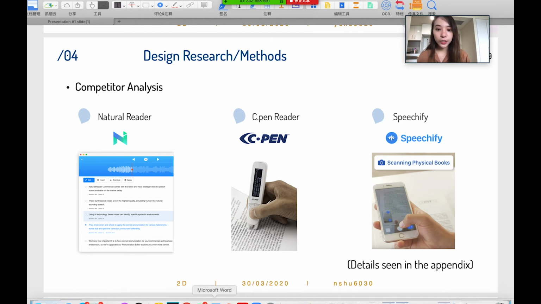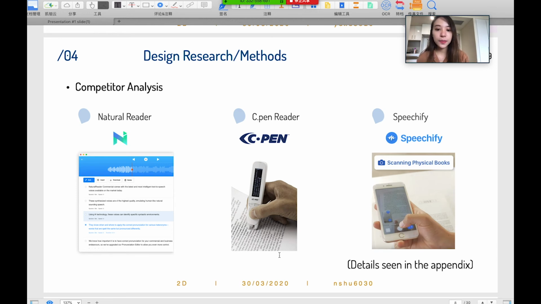The next one is Sipen Reader, one of the most effective tools for people with dyslexia. It uses patented camera technology to scan books or paper, and it is also possible to listen to a single word. Users can stop or continue listening to a sentence at any time.